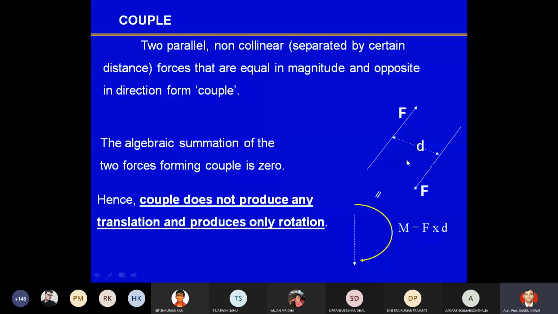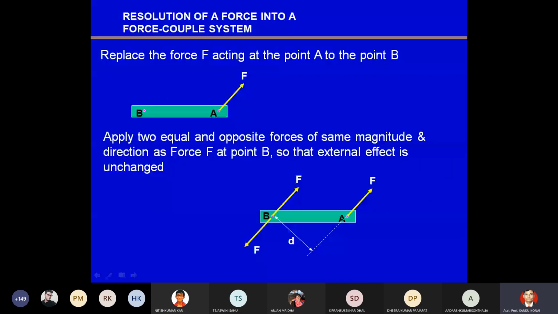If you want to go into the details, consider the resolution of a force into a force-couple system. Let's say AB is a bar and there is a force F acting at A. To replace the force acting at point A to B, apply two equal and opposite forces of the same magnitude and direction as force F at point B, so that the external effect is unchanged.